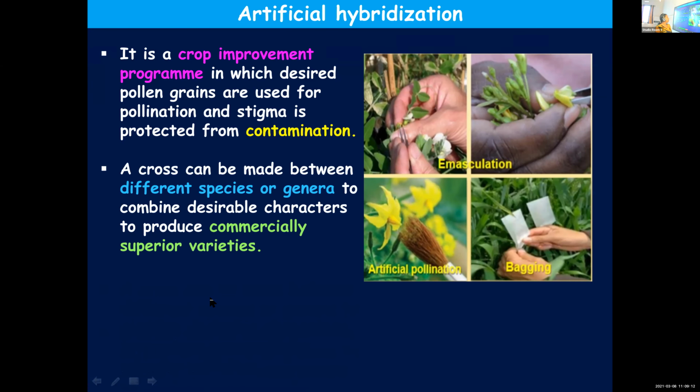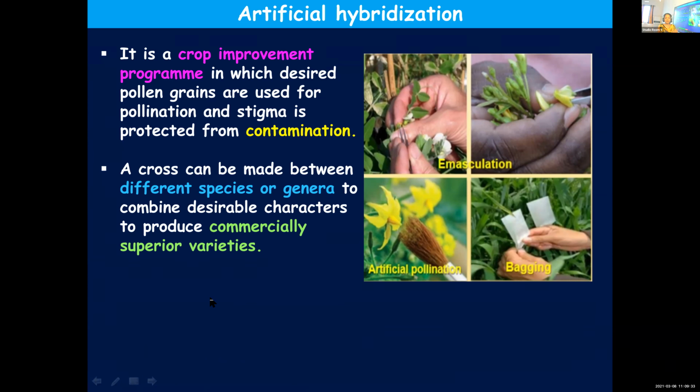A cross can be made between different genera or different species. Under normal conditions, pollen belonging to different genera or species may not be able to germinate on the stigma due to incompatibility.